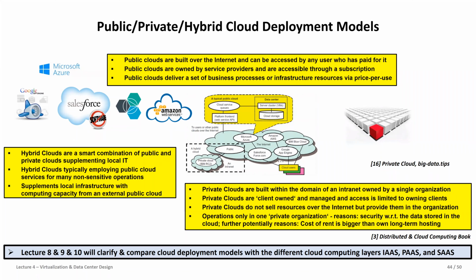Important, just before we close for today: remember that when I talk about public, private, and hybrid clouds, it's an exam question, so I want your attention. I also see it done wrongly incredibly often. Public, private, and hybrid clouds have no direct influence on the IaaS, PaaS, and SaaS we will talk about. This is a different way of doing cloud deployments.